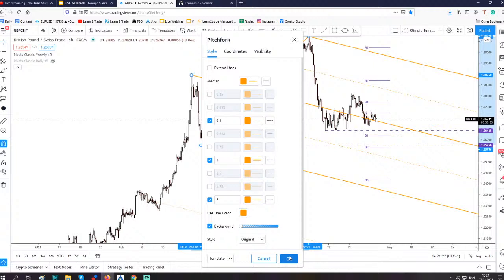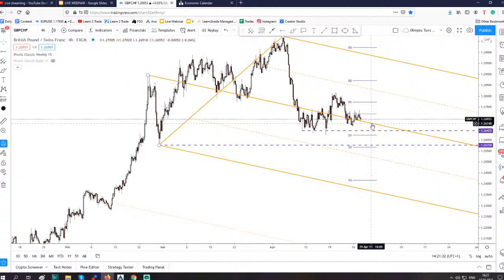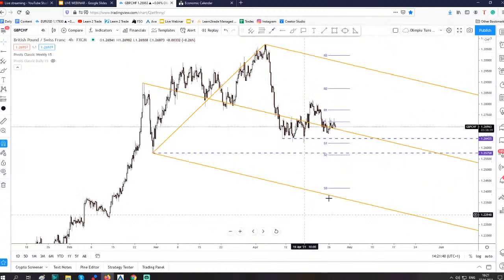It has failed to stabilize right below it, and now we're retesting the medium line of the descending pitchfork. So if the price stabilizes above the medium line, if it makes false breakdowns below it, or if it registers a bullish engulfing, a reversal pattern here, then it could jump higher again.